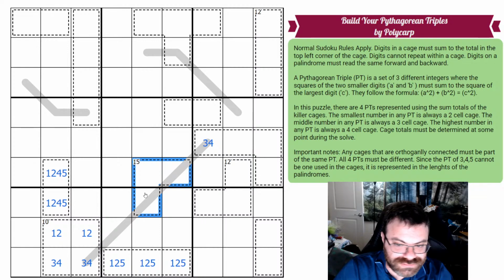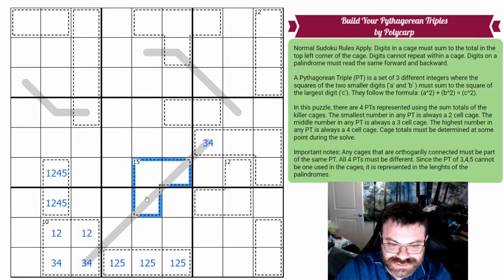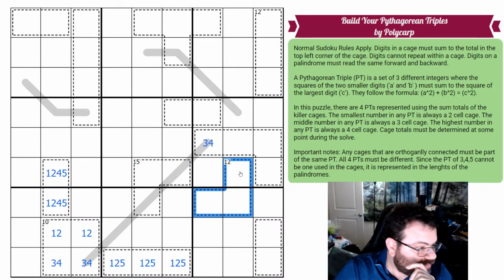So the 15 is the middle one. So that's part of 8, 15, 17, it looks like. Okay, so this one with the 12 in the middle is 9, 12, 15.